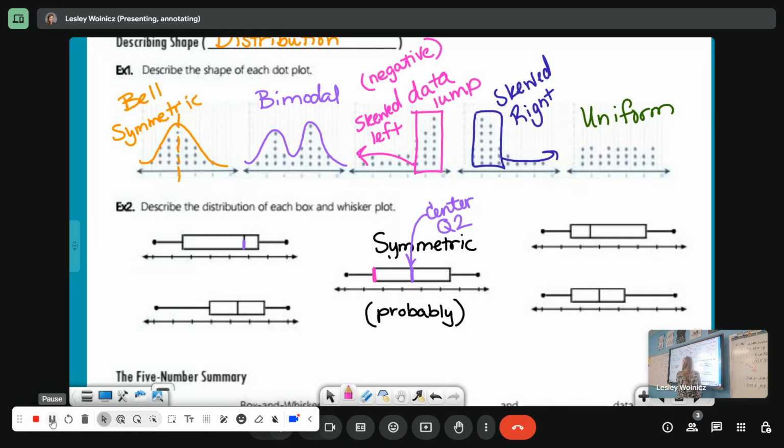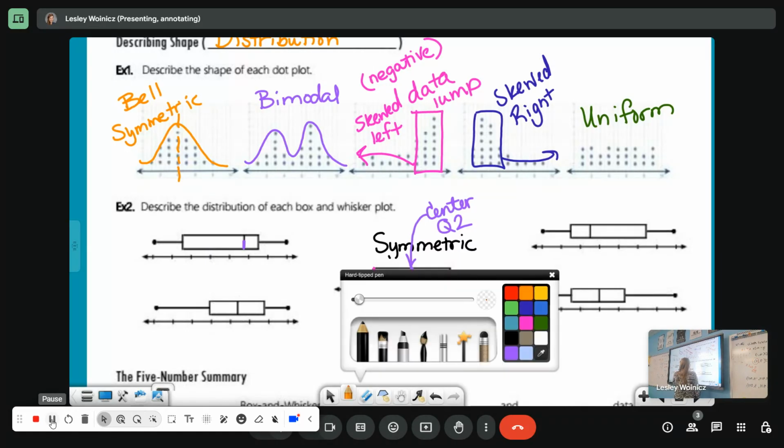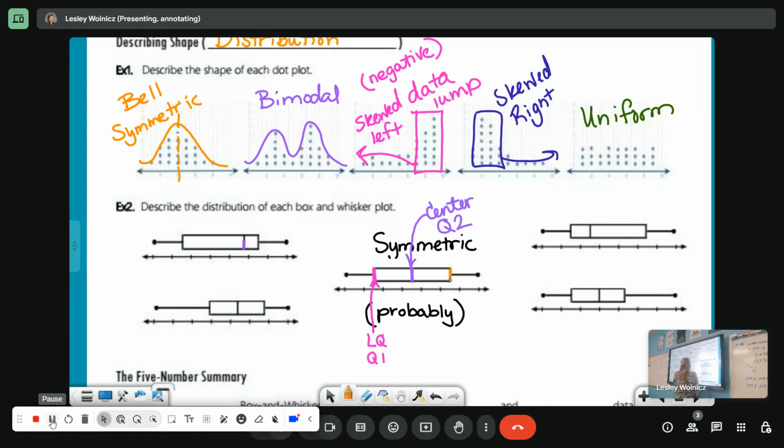This right here is called either, depending on who writes your textbook, the lower quartile or quartile 1, which kind of makes sense because it's on the lower end. If that one's the lower quartile, yeah, this one here is the upper quartile or quartile 3. So it goes first quartile, second quartile, third quartile.